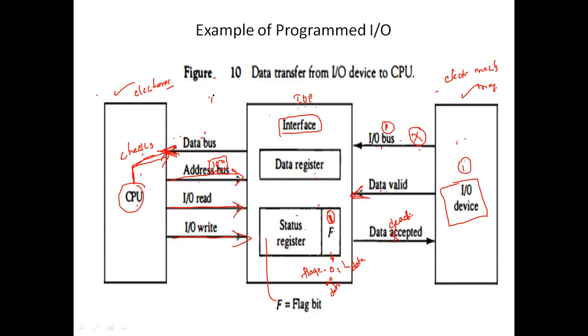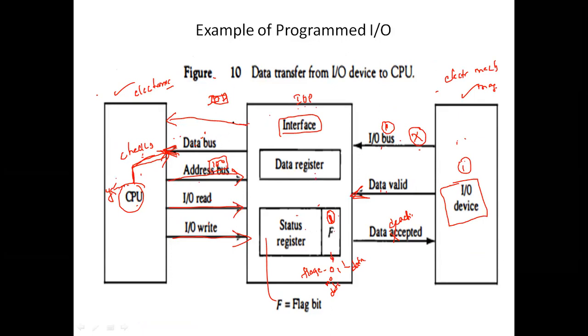So in interrupt driven IO, instead of the CPU checking the data register, we let the interface inform the CPU that some IO request has come. Until then, the CPU is busy doing some Y task.